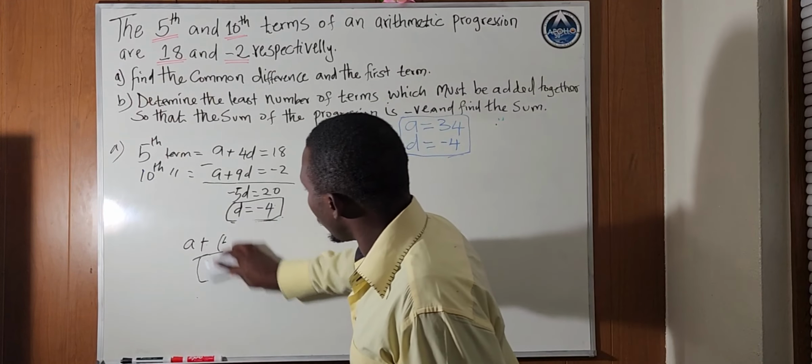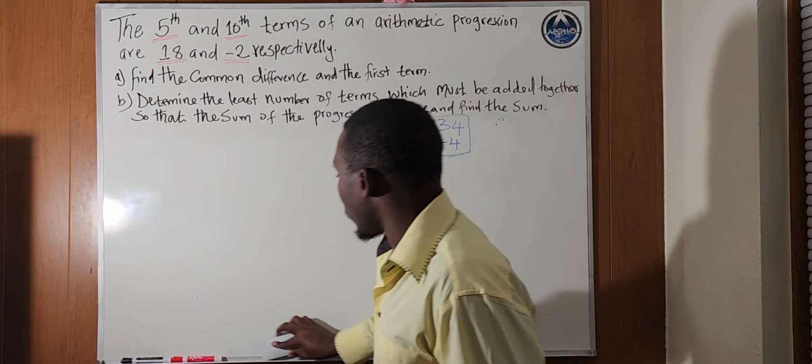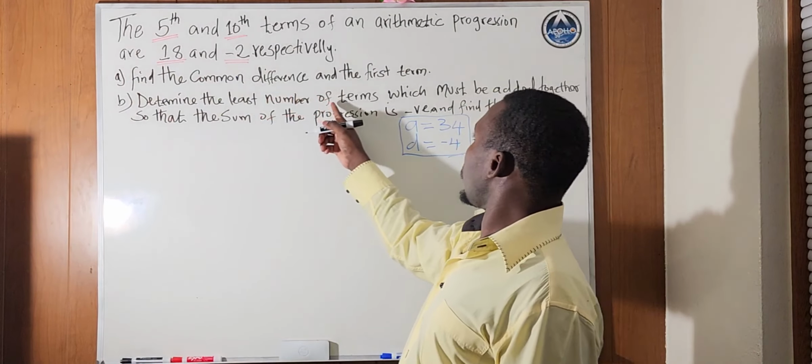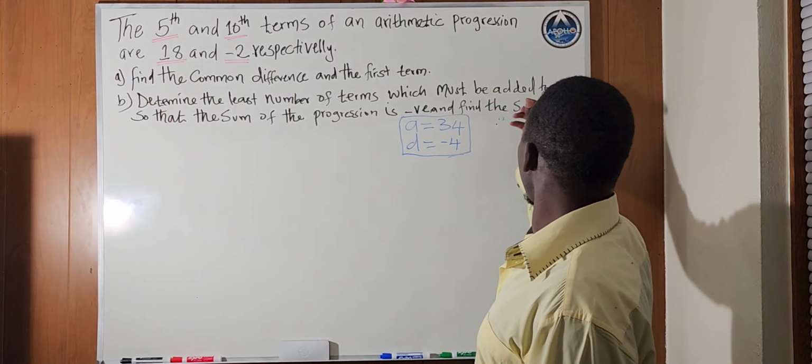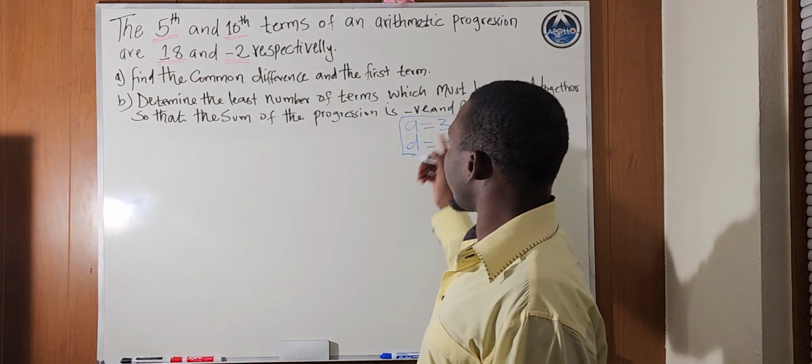Now we will move ahead to part B and see what it says. Part B says, determine the least number of terms which must be added together so that the sum of the progression is negative.